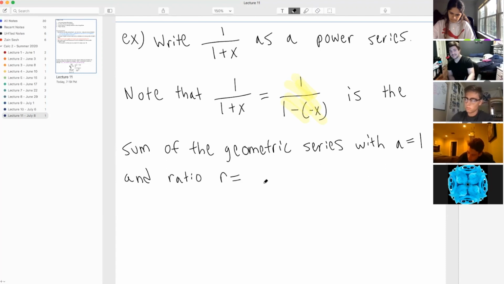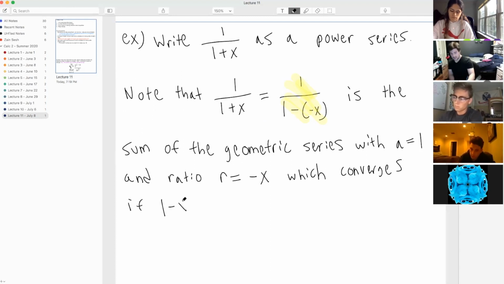Well, in this case, it's negative x. I hope that is clear. It's whatever you're subtracting, so we're subtracting negative x. Which converges if the absolute value of negative x is less than 1. Well, this is just the same as the absolute value of x being less than 1. All right, I hope that's clear.